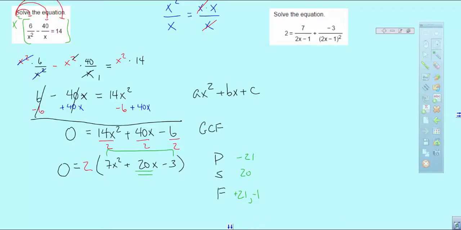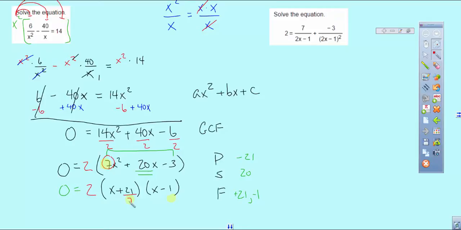So I come back over here. I have my 0 is equal to my 2 out in front, and then I have x plus 21 and x minus 1. Alright, I have a leading coefficient of 7, so I bring that 7 down and put it underneath each one.